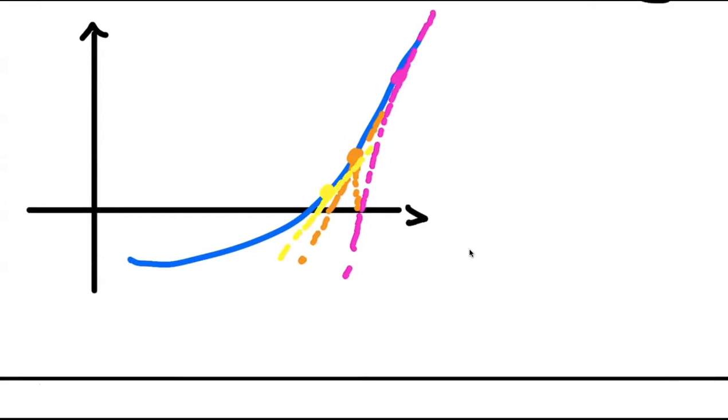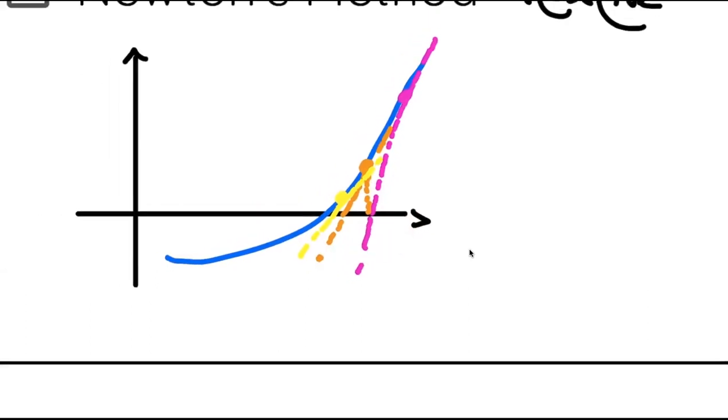Where does that cross the x-axis? And you can see that with each iteration, my lines cross the x-axis closer and closer to where the blue curve crosses, right? So every time we use this process, we get closer and closer until we should get very close to the exact value at some point, okay?